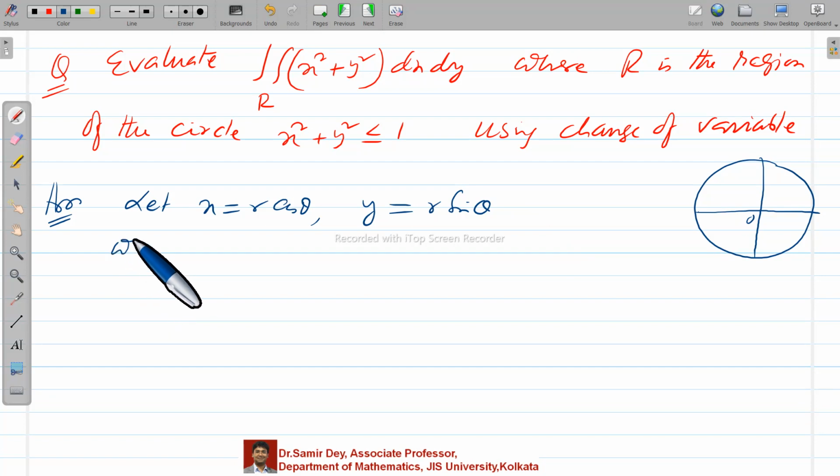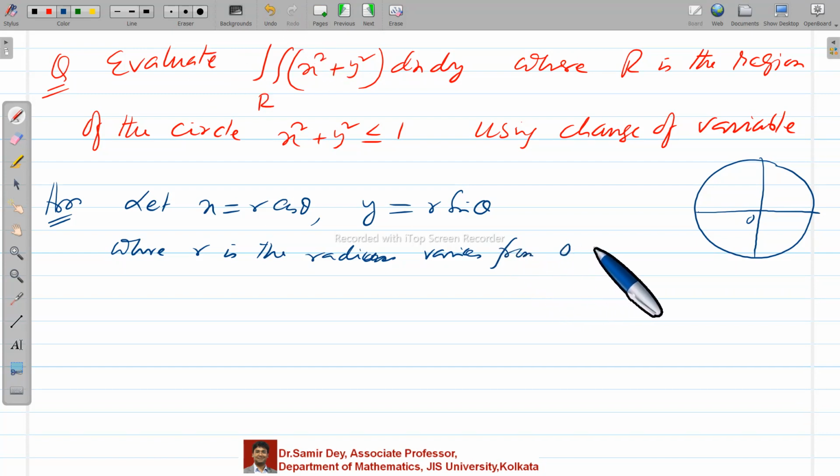Where r is the radius, r varies from 0 to 1, and theta is the angle starting from here like this, and this is the r, and this is theta.